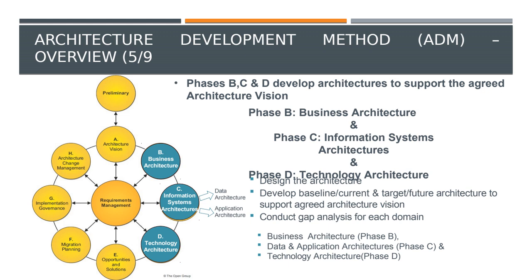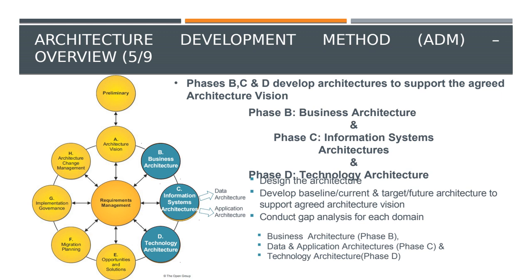We have also phase B, C, D, to support the agreed architecture vision: business architecture, information system architecture, and technology architecture. So they are related.